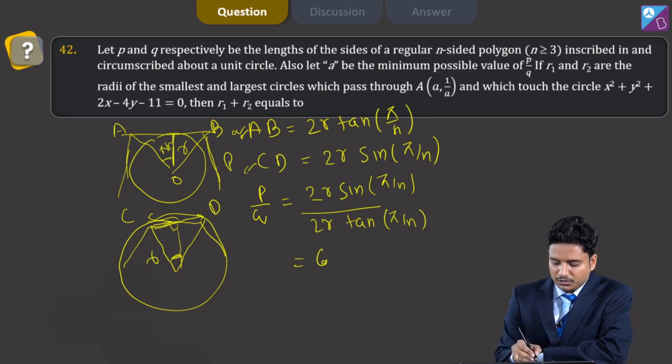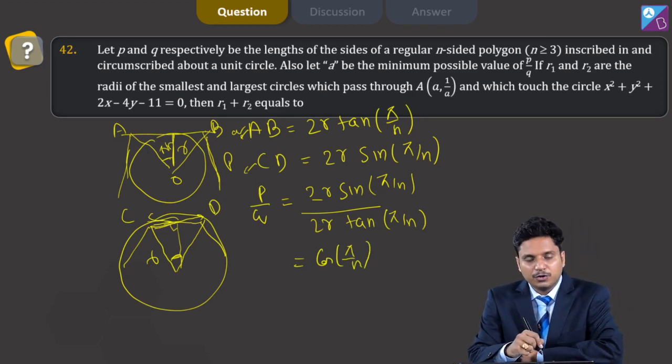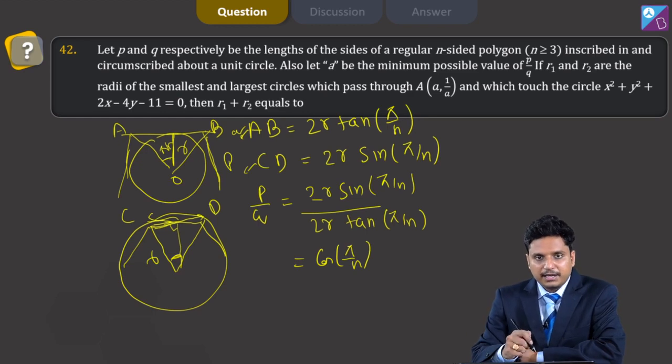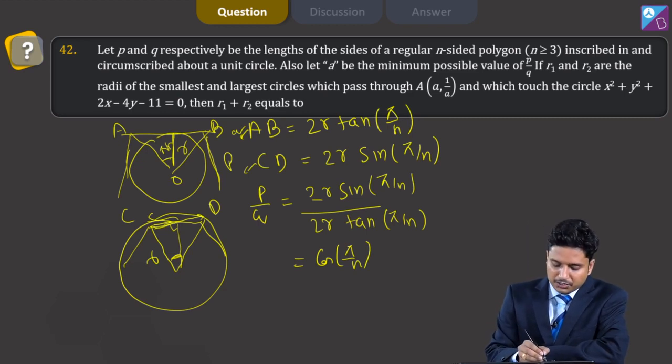So p by q is cos pi by n. Now you have to try and minimize this cos pi by n's value. When will it be minimized? As we keep on increasing the value of n, that is greater than or equal to 3, this cos theta will keep on increasing. So in order to minimize it, we should put n equal to 3, because as theta tends towards 0, the cos theta will tend towards 1. That is why for minimizing it, our n must be equal to 3.